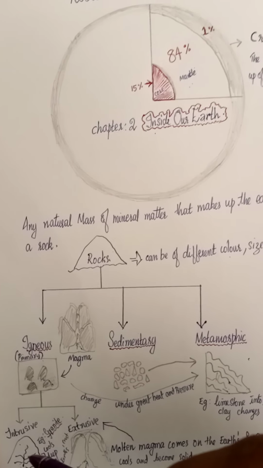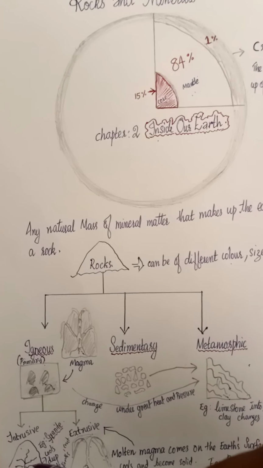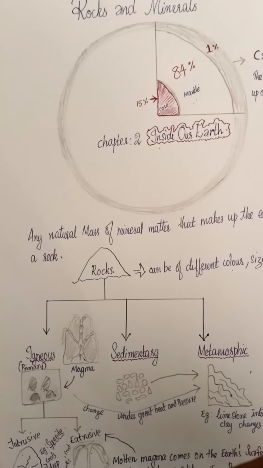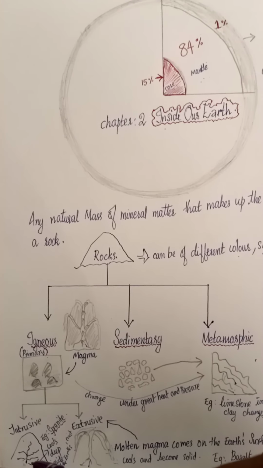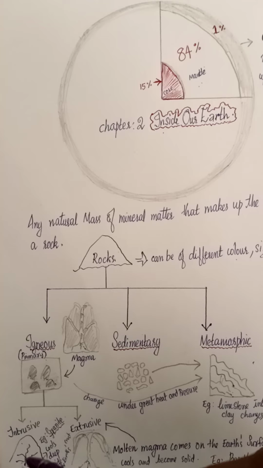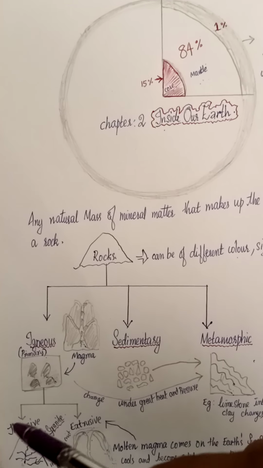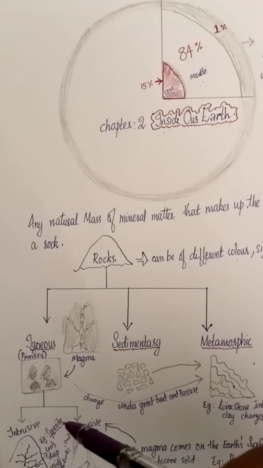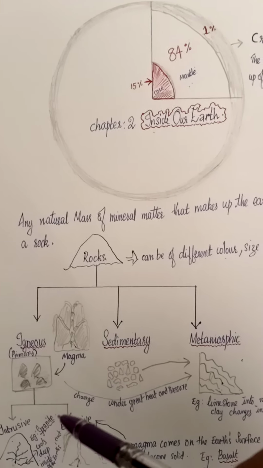It will not come out. This molten magma stays inside the earth, cools down and forms intrusive rocks. For example, granite is an example of intrusive rocks.